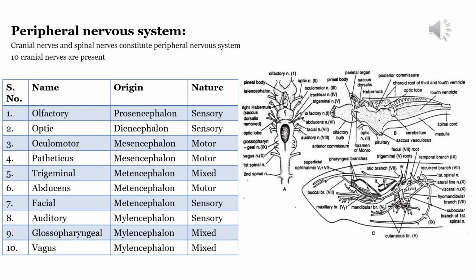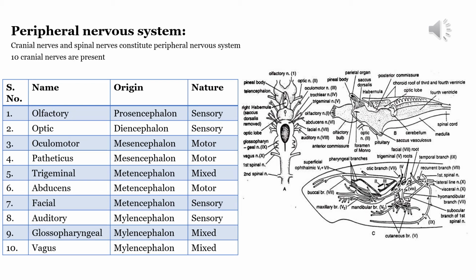These 10 cranial nerves are olfactory, optic, oculomotor, patheticus, trigeminal, abducens, facial, auditory, glossopharyngeal or pneumogastric, and vagus nerve.